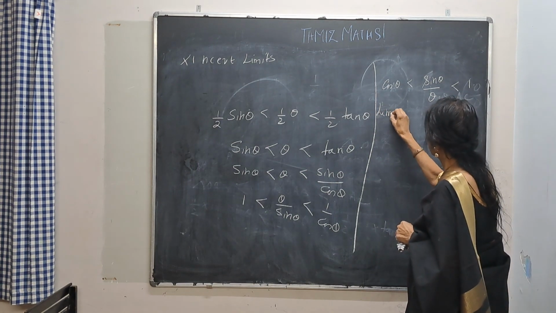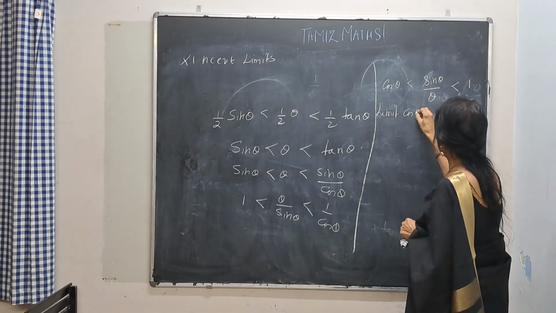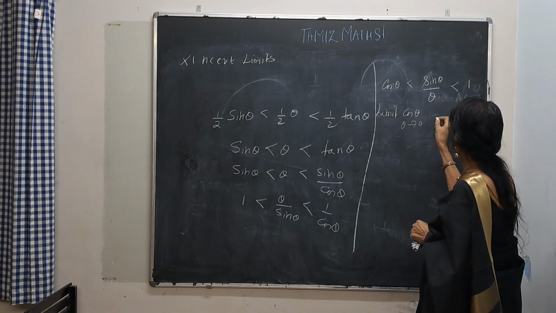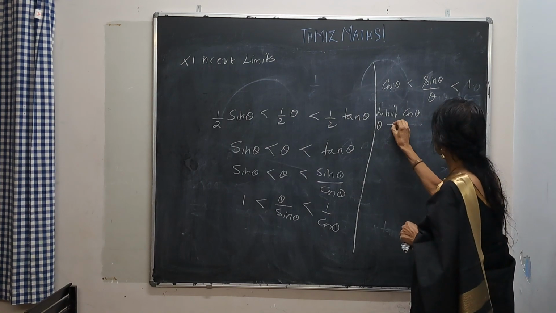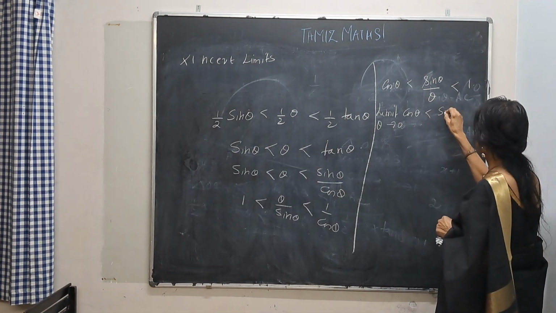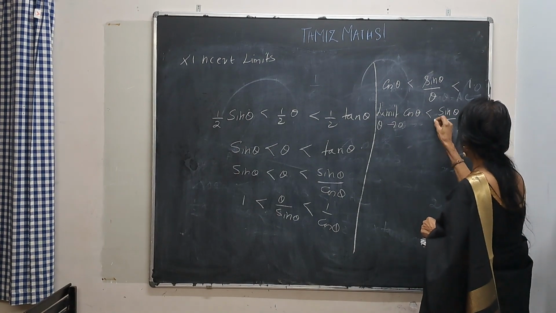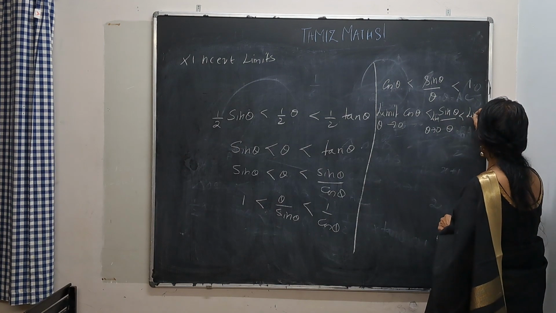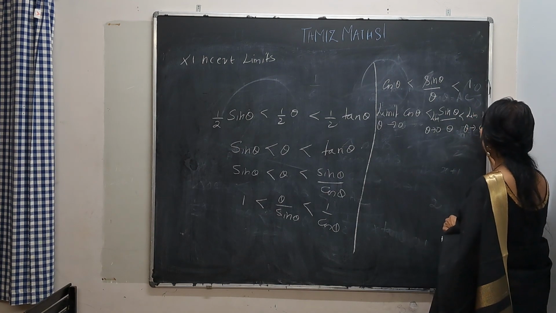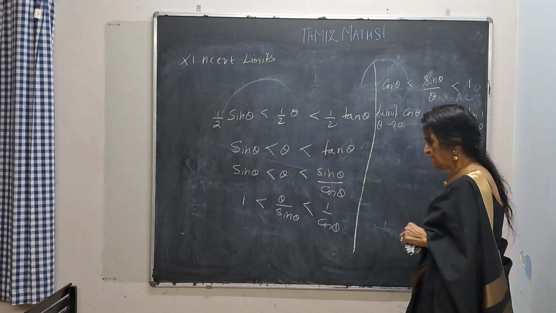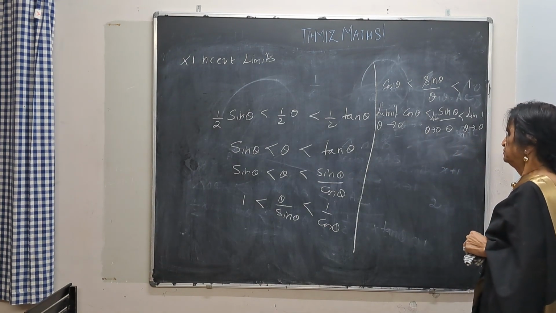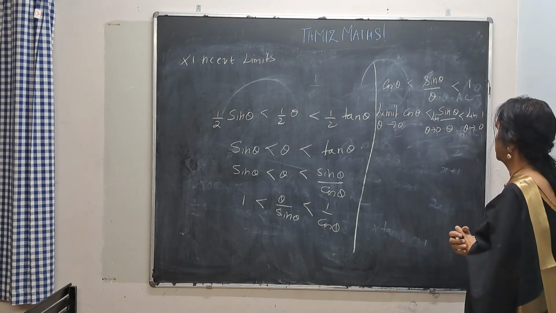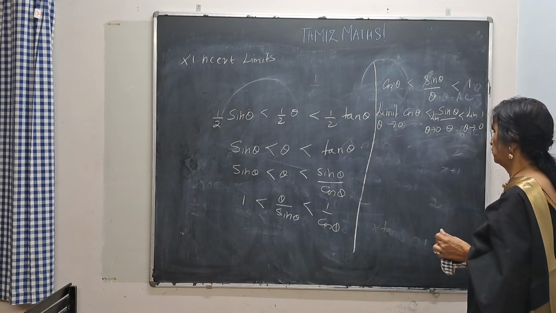Limit of cos theta, theta tending to 0, is less than limit of sine theta by theta, theta tending to 0, less than limit of 1, theta tending to 0. Is it correct? Fine.